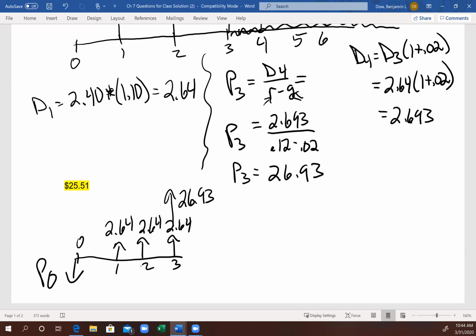So now we've got to go back and find the present value of the $2.64 in year 1, $2.64 in year 2, the $2.64 in year 3, plus the $26.93, all discounted at 12% interest. And if you do that, you should get the $25.51.